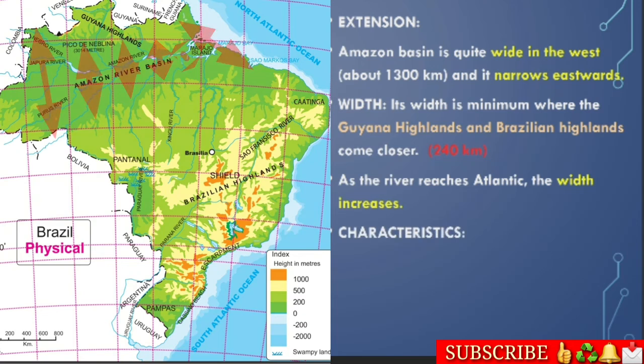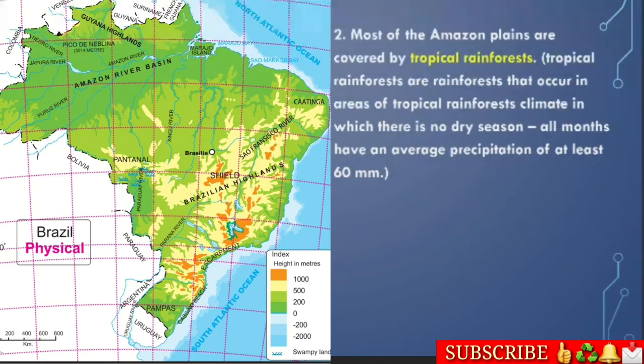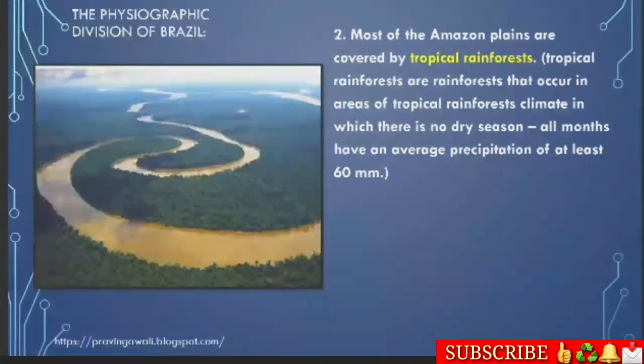Okay student, now let's try to understand some characteristics of the Amazon basin. These are mostly forested areas and largely inaccessible due to frequent flooding and dense undergrowth. Now let's try to understand one of the important characteristics of Amazon basin. Most of the Amazon plains are covered by tropical rainforest.